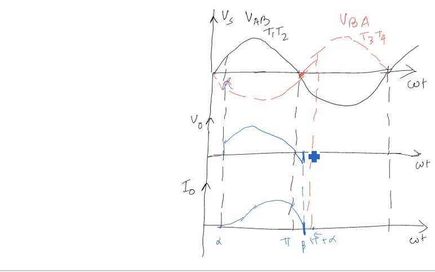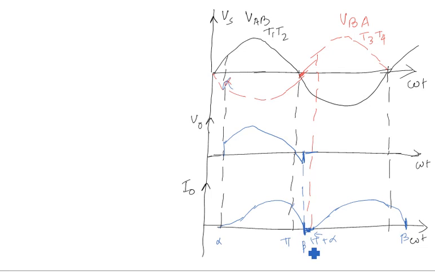After beta, your conduction will be from T3 and T4. So the current remains zero and it again starts from here. It touches zero here for some time interval, that is from beta to pi plus alpha.